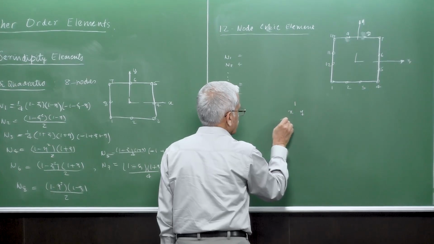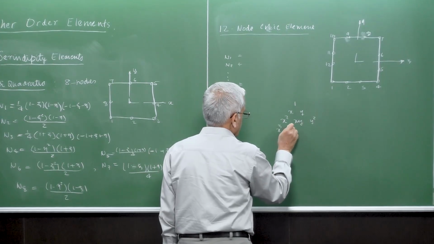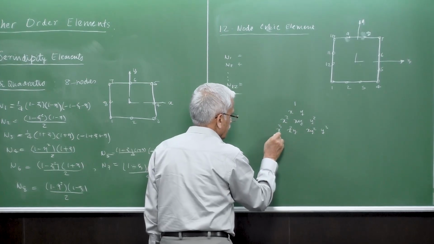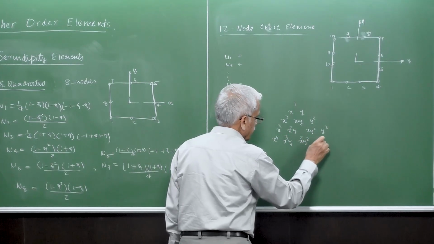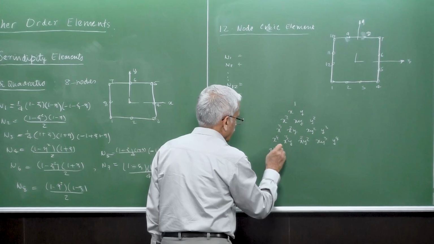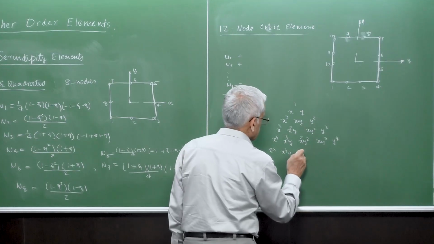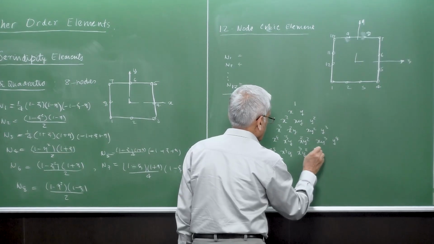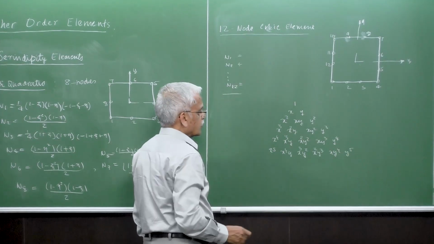Again, going back to Pascal's triangle. Writing these things. So what is the difference between them?